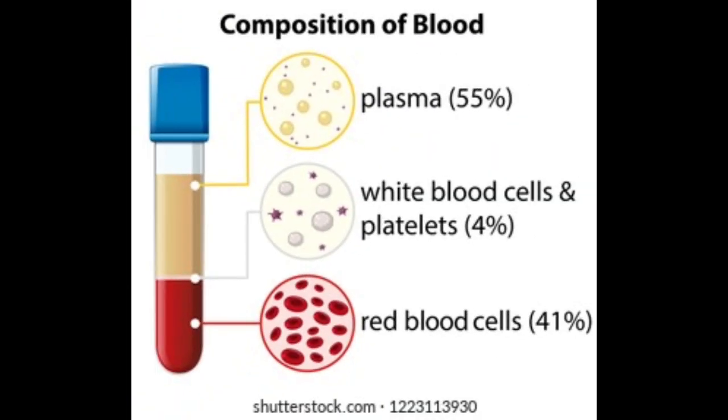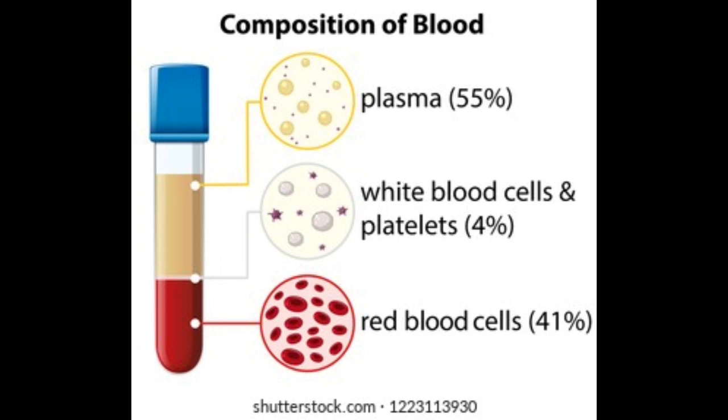At first we'll talk about the composition of blood, or we can say the constituents of blood. Blood consists of plasma, white blood cells, platelets, and red blood cells. The plasma makes up 55% of the blood.